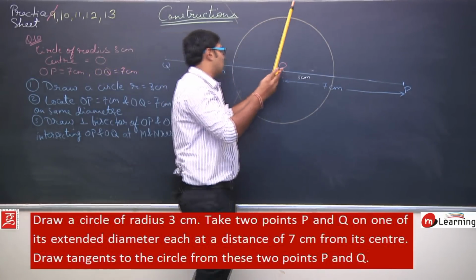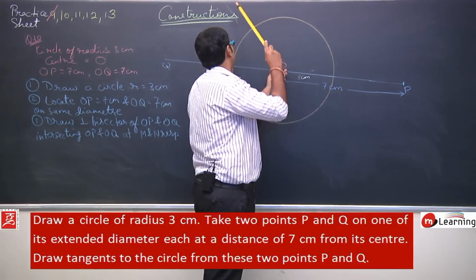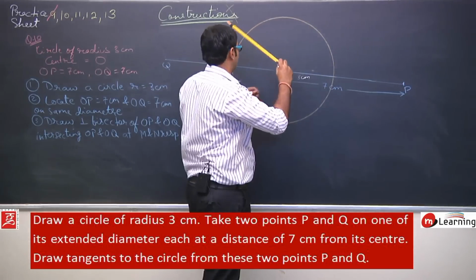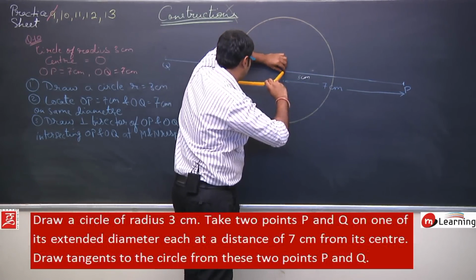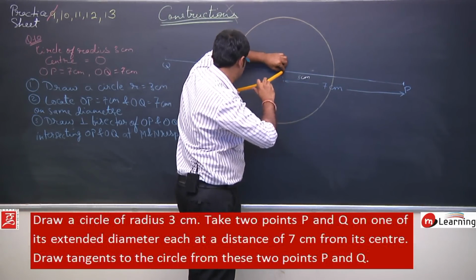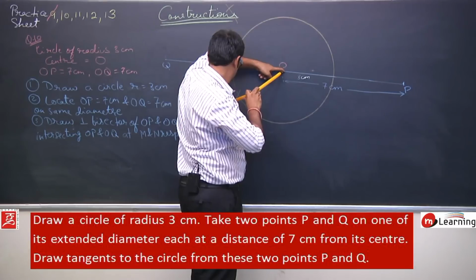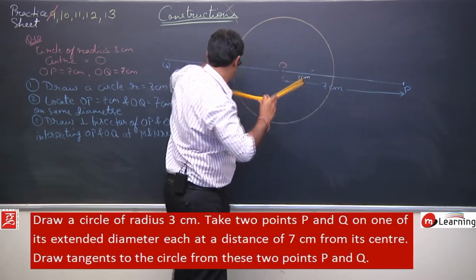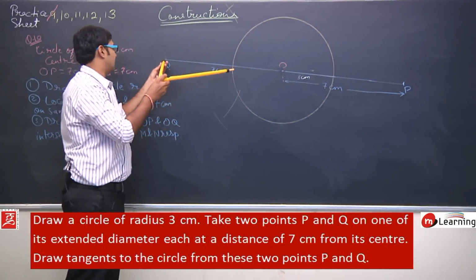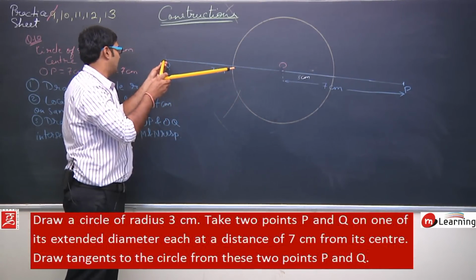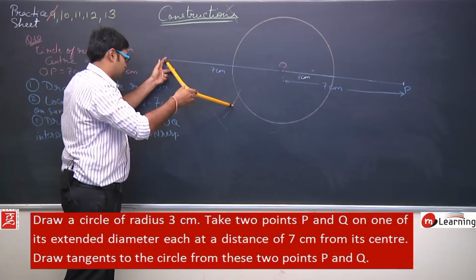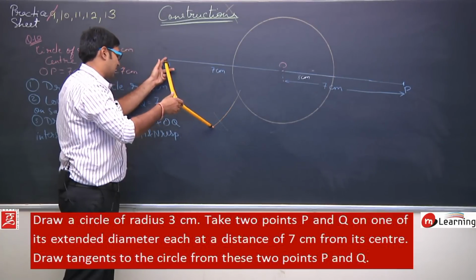And with this center O I will draw one more arc like this and another arc using the same center like this. Again I will put this needle at point Q such that this arc should intersect this arc like this.